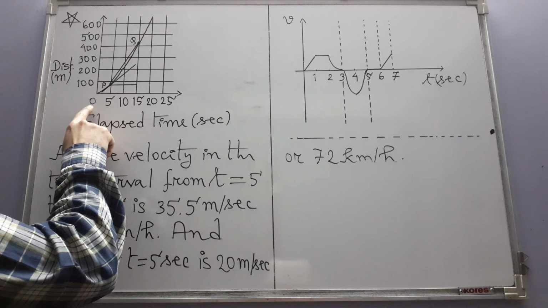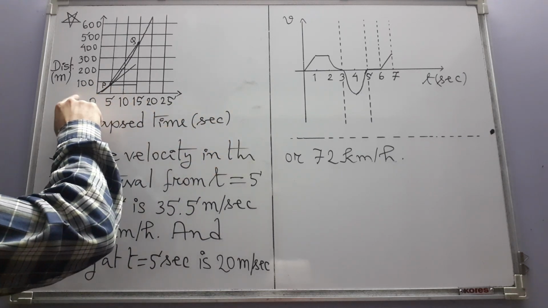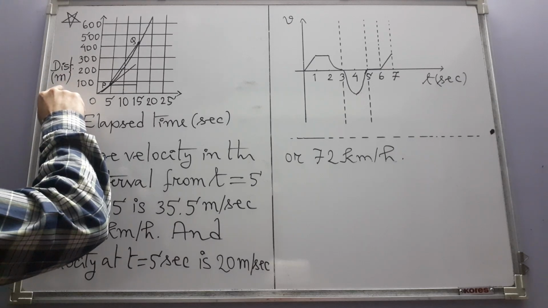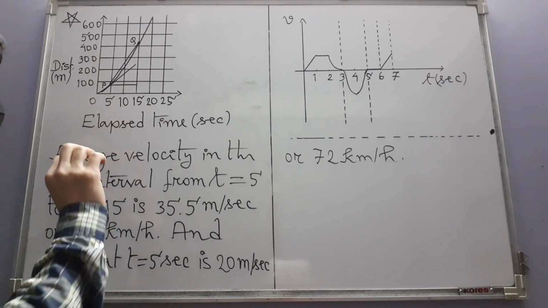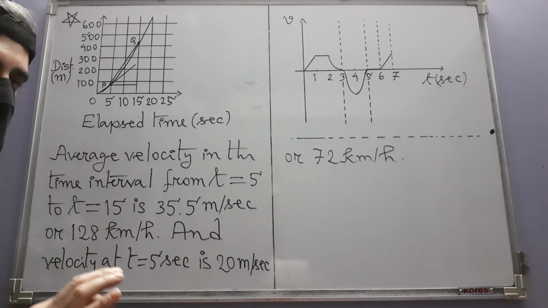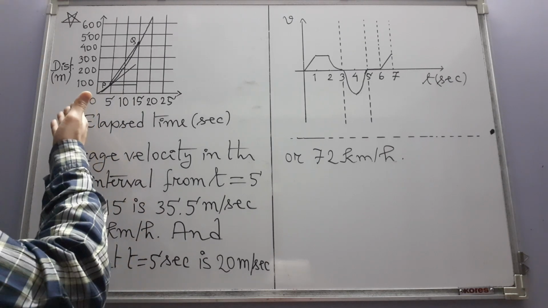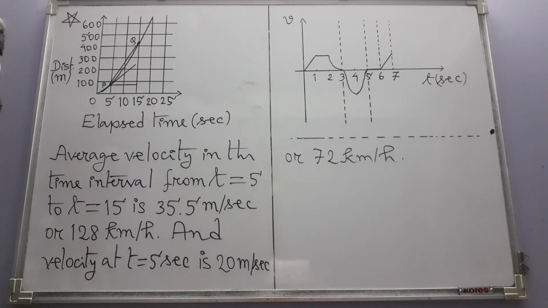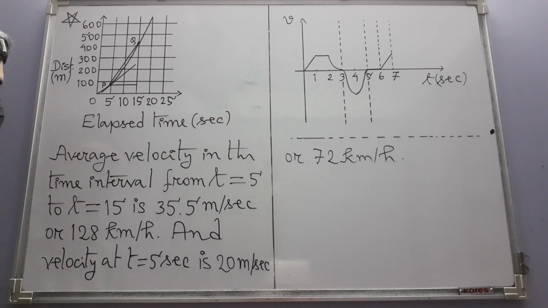The time is measured along the x-axis in seconds and the distance is measured along the y-axis in meters. So initially when the car started moving, at that instant when t is 0 seconds, it did so slowly of course, but then it started moving more and more rapidly, and that's why the graph looks like this.